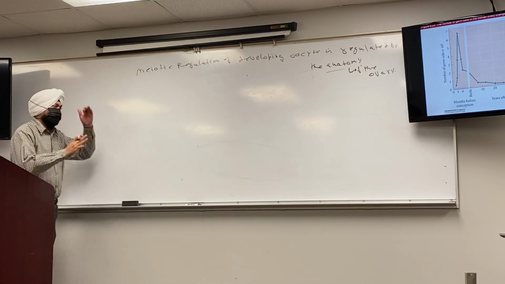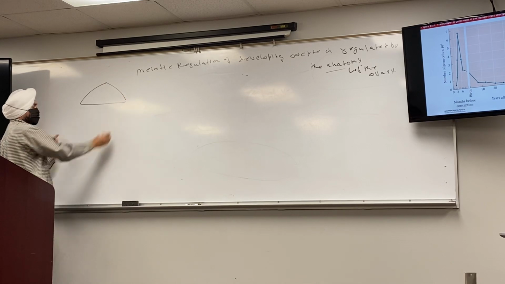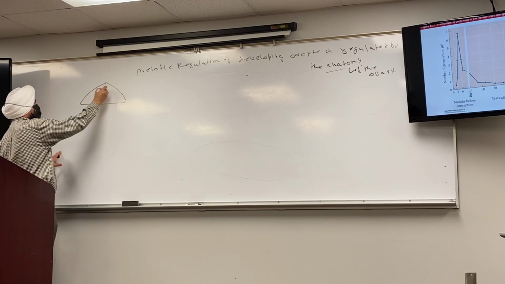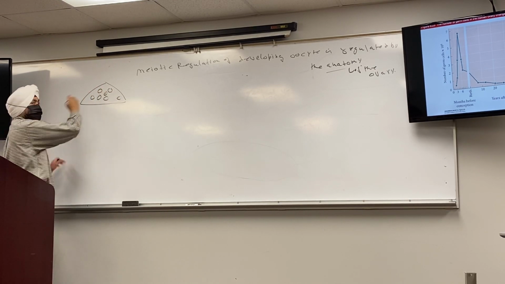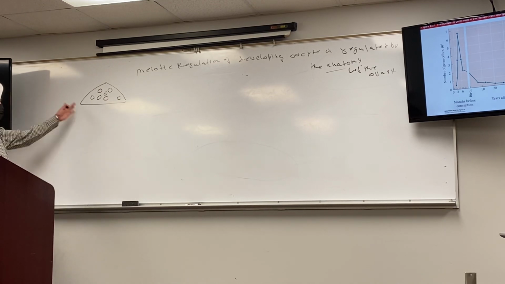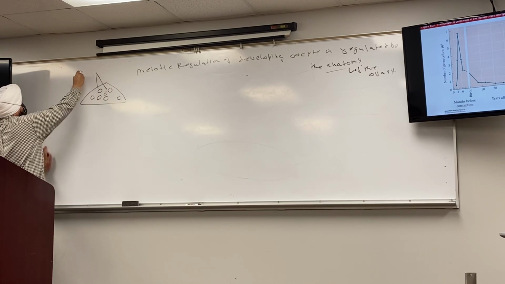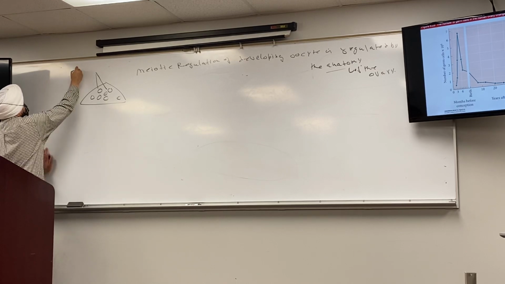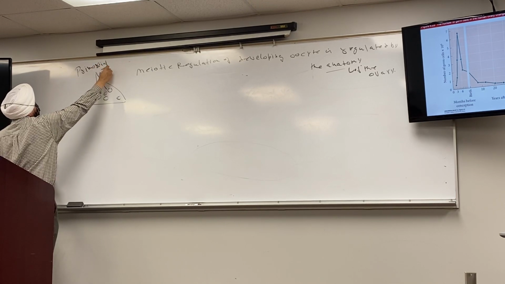So if we do a cross section of the ovary, for example, this is an ovary, and you do a cross section. In the ovary, you will find many circular structures like this. And these structures are called primordial follicles.